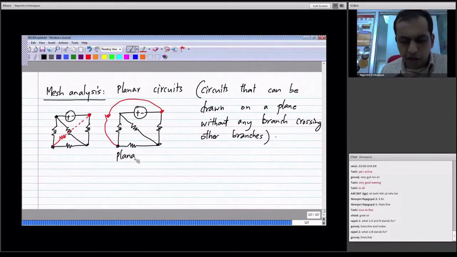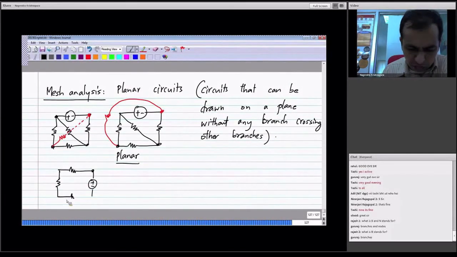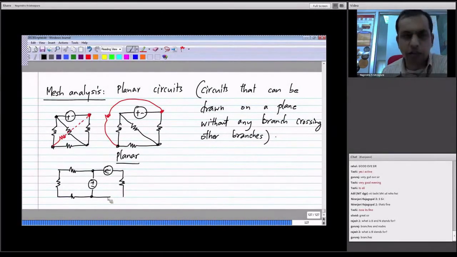On the other hand, if I have something like this, let's say I have something like that, and then I also have something going from this node to that node.